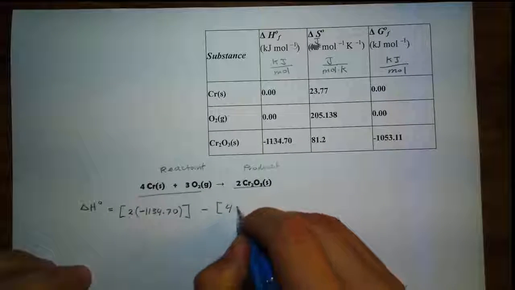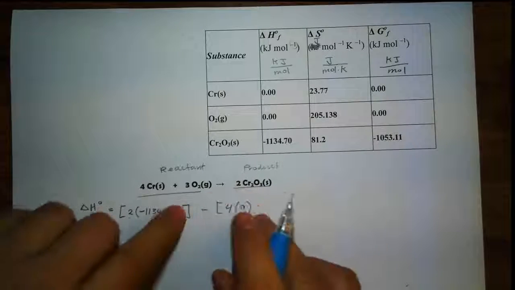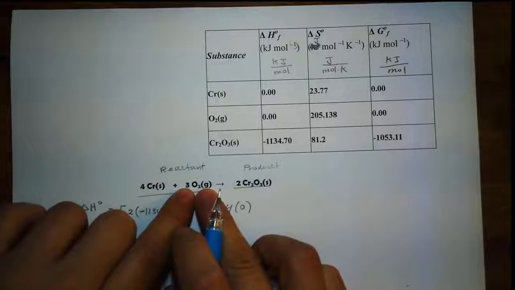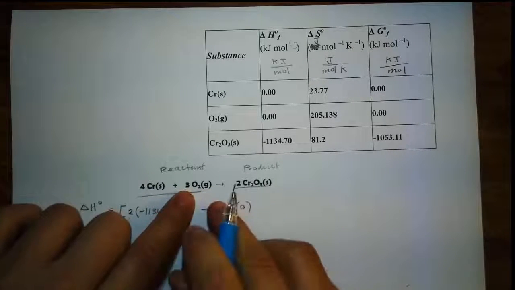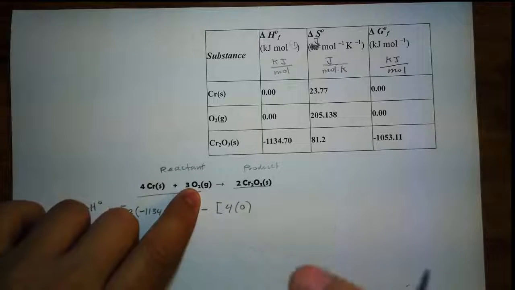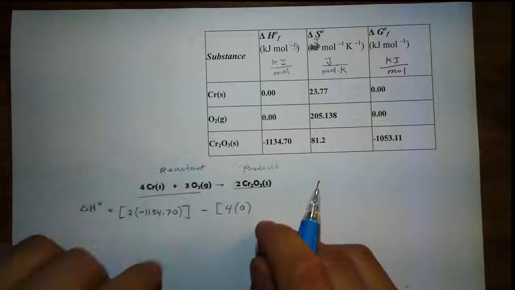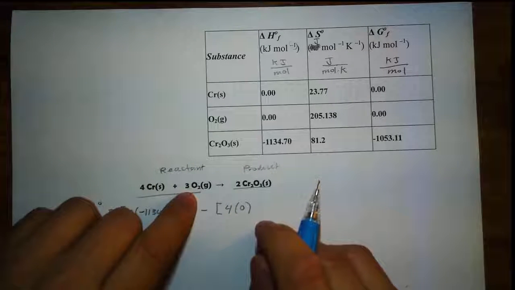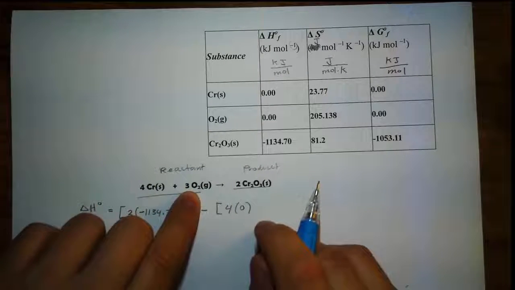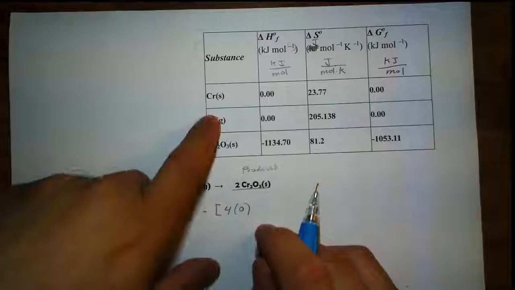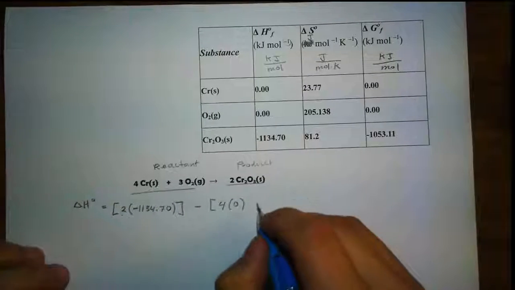So here we have 4 times 0, and then we also have 3 O2, which is a pure element, so it is 0 as well.